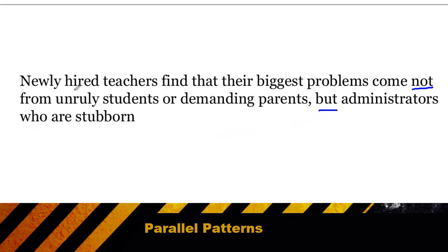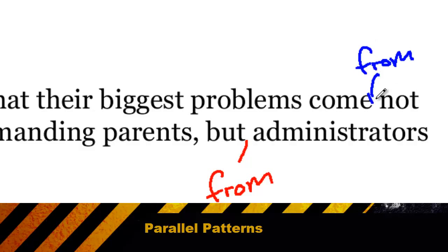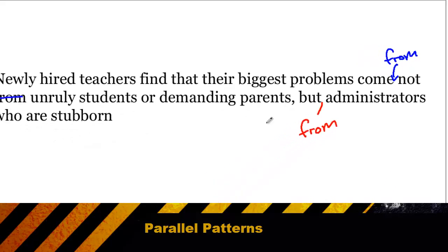For example, notice how I have the preposition from after the not, but I don't have from after but. That's wrong. You can't do that. And there are two ways to fix this problem. One, I could simply add from between but and administrators, or I could add a from before my not. If I put the from before the not, I don't have to repeat the from afterwards.